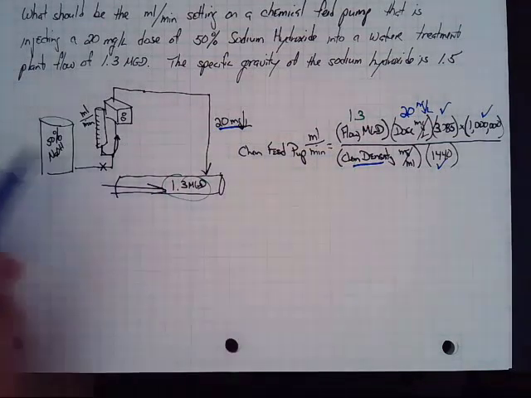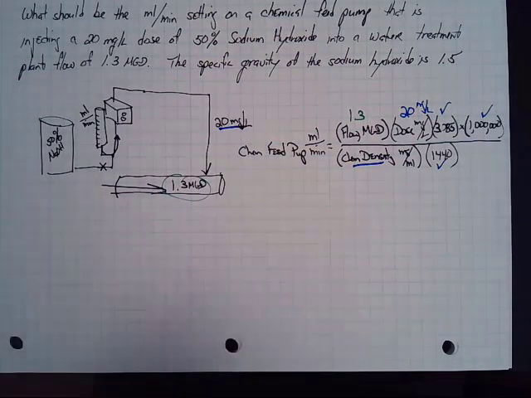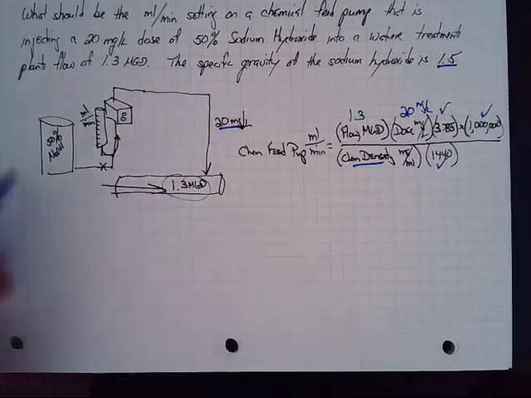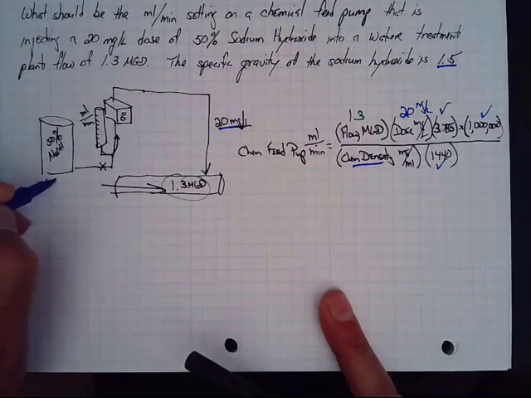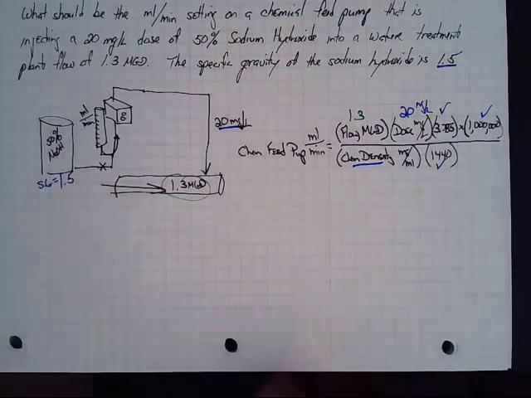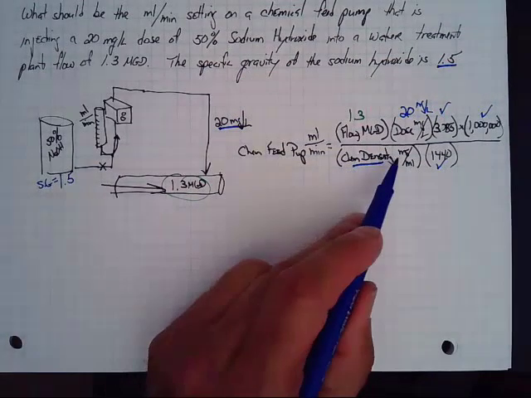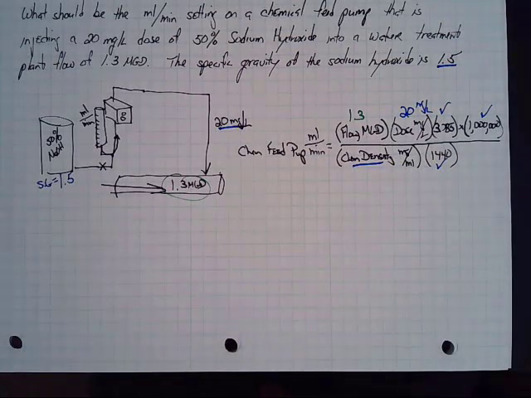And that is related to the specific gravity, which the word problem tells us is 1.5 for sodium hydroxide, which means this liquid weighs 1.5 times the weight of water. And we have to do that in terms of milligrams per milliliter.